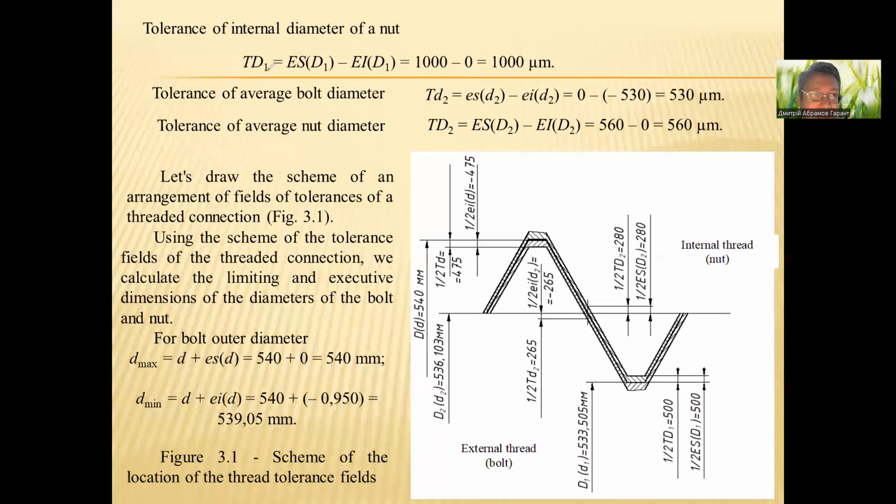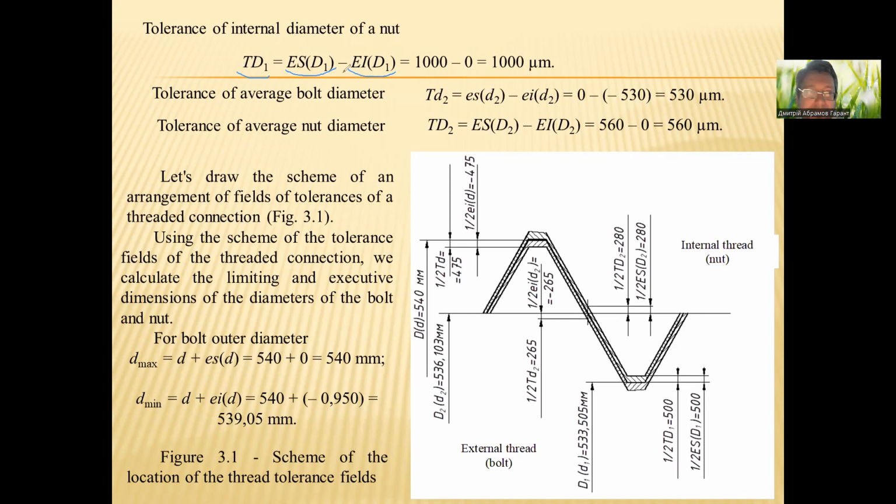Tolerance of the inner diameter for a nut. TD suffix 1 is equal to the upper limit deviation on the inner diameter minus the lower limit deviation on the inner diameter.